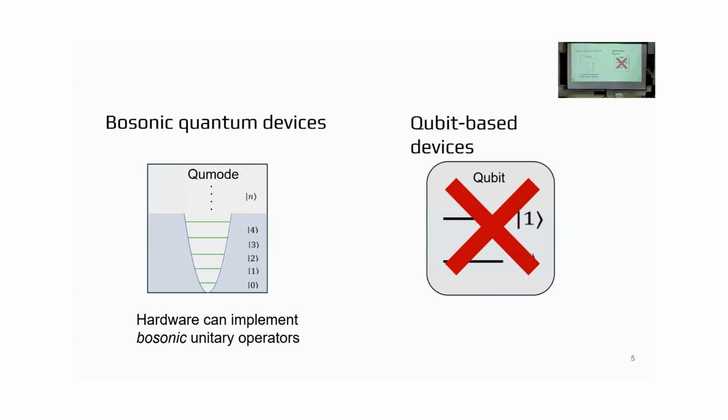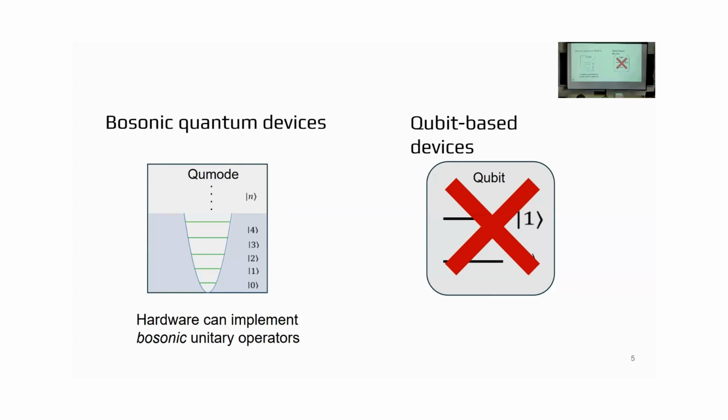I'm instead going to talk about solving this vibrational problem on bosonic quantum devices. Here the basic unit is not a qubit, but instead a qumode, or essentially a harmonic oscillator. This hardware also gives you access to different kinds of unitary operations. Instead of qubit-based unitary operations, you now have access to bosonic unitary operations.